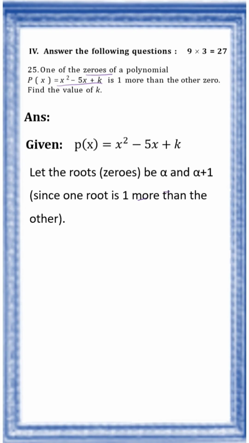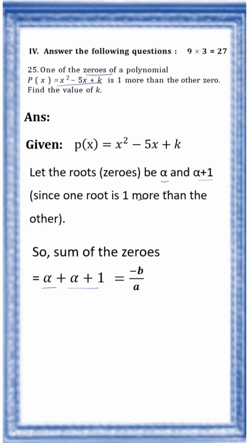So the sum of the zeros, what is it? One is alpha, another one is alpha plus 1. We know that the negative of the coefficient of x upon a is the sum of the zeros. Here the coefficient of x is negative 5 and the coefficient of x square is 1.